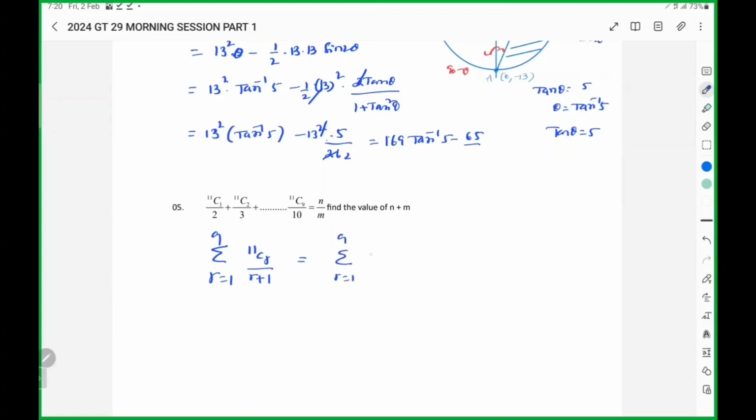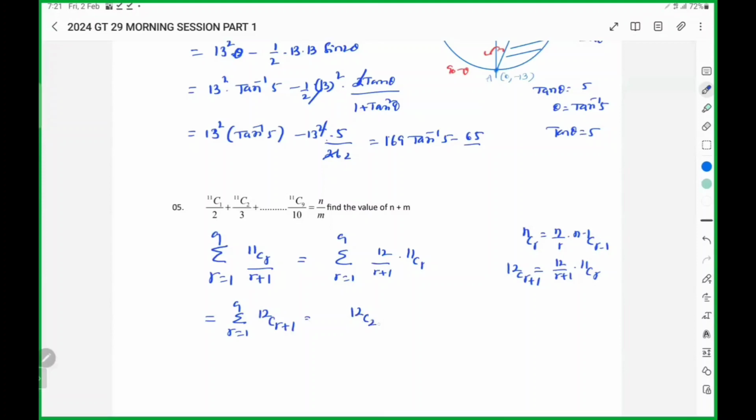I will write R plus 1, here I will write 12. Then CR is n by R times n minus 1 CR minus 1. So 12 by R plus 1 into 11 CR, which I can write as 12 C R plus 1, R from 1 to 9.